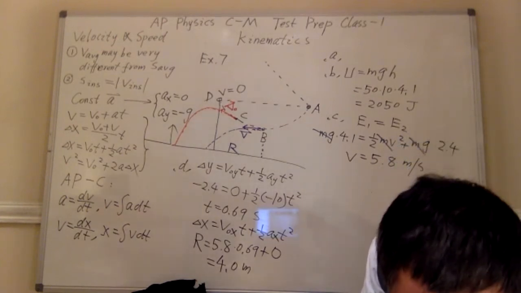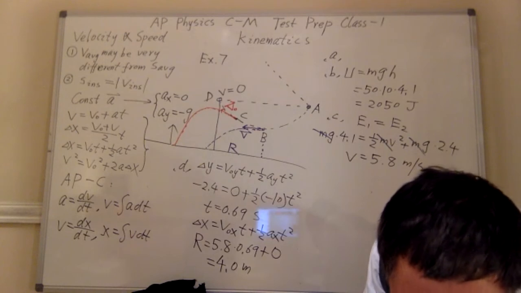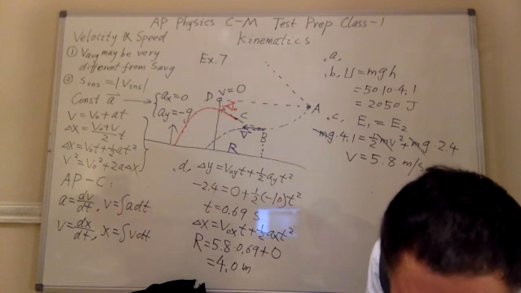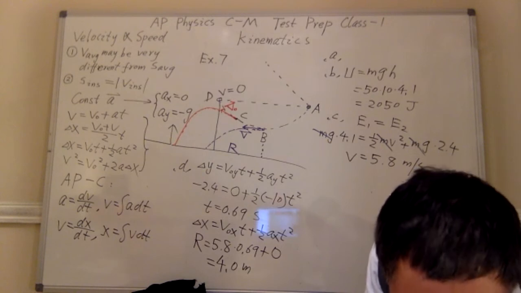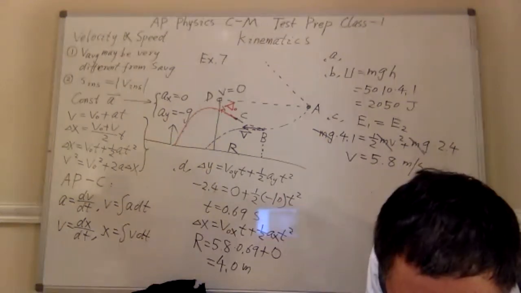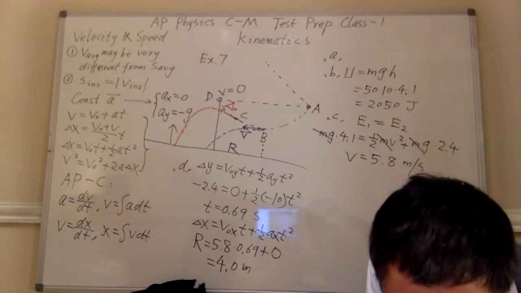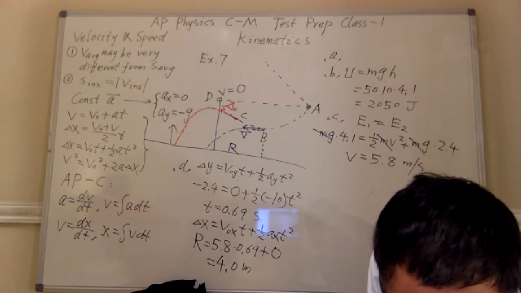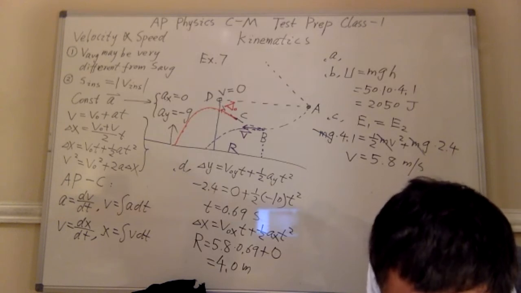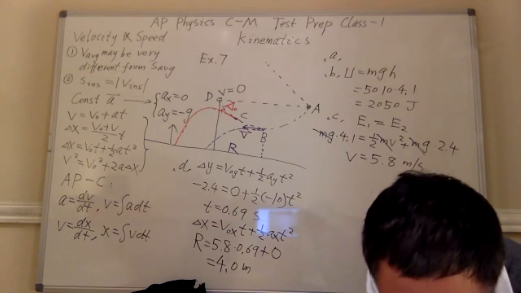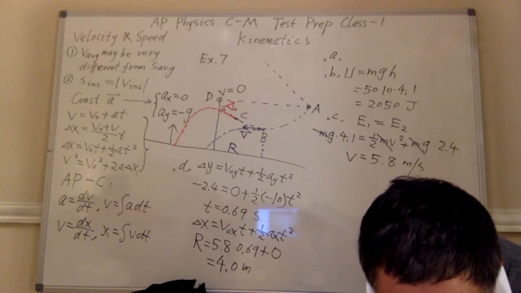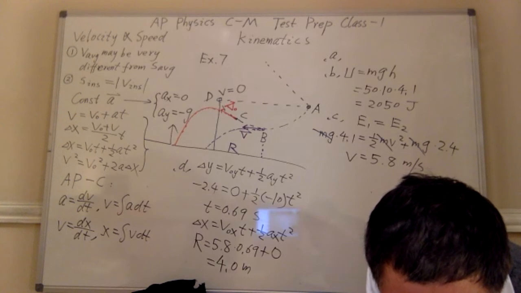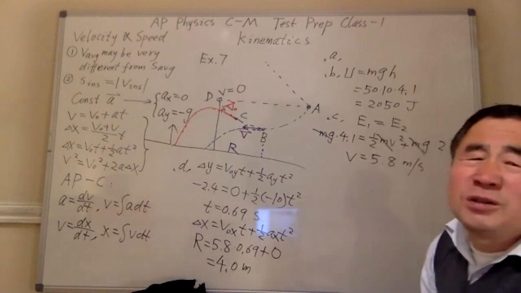They ask: if the person does not let go of the rope, how does the magnitude of the person's momentum at point C compare with the magnitude of the person's momentum at B?